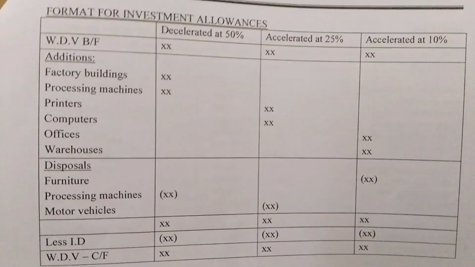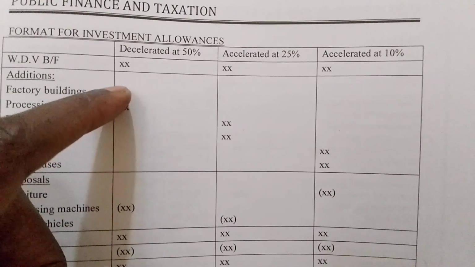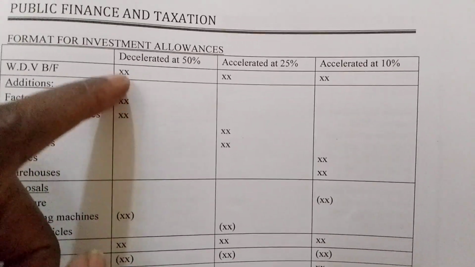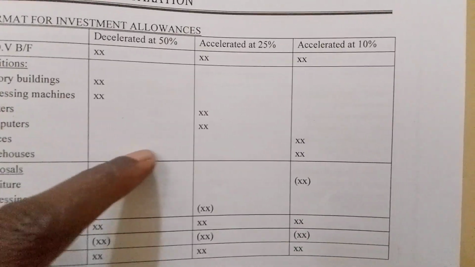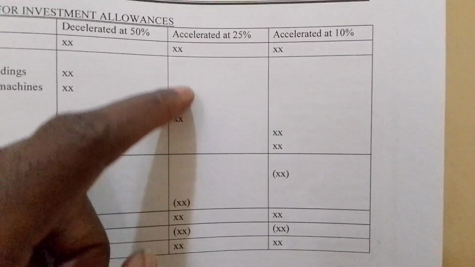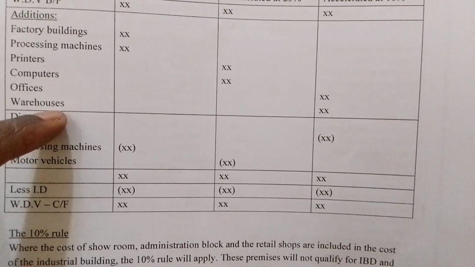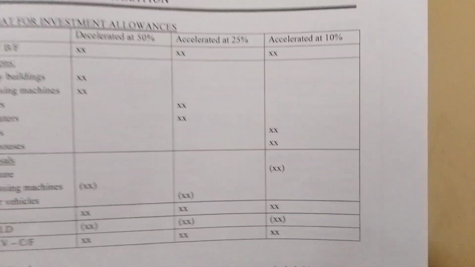If it is factory buildings, the figure will be given, just write it here. It will be the first column. Processing machines, they help in manufacturing, they will be appearing in this one. Things like computers and printers, those ones are because they enjoy 25%. Then others like warehousing, these ones will be appearing on that particular part.